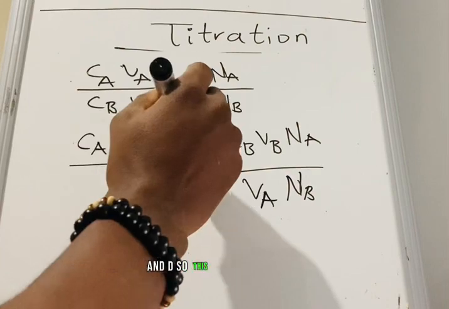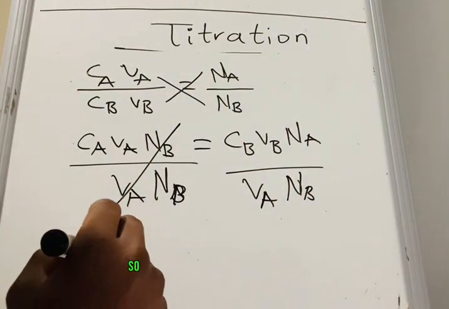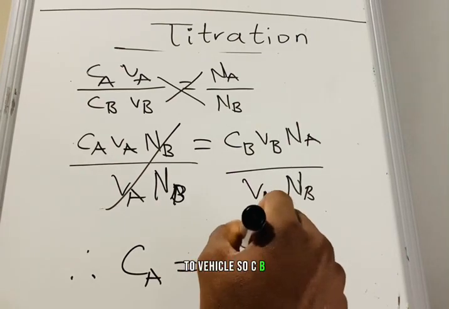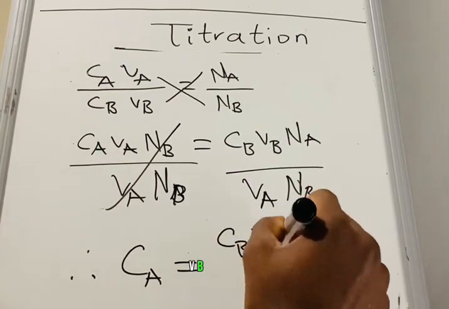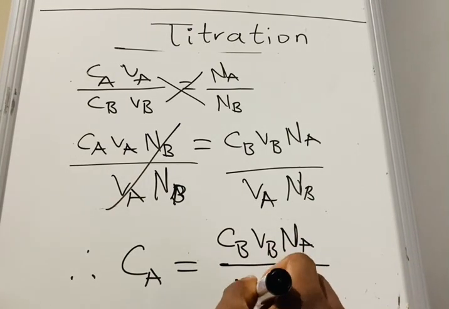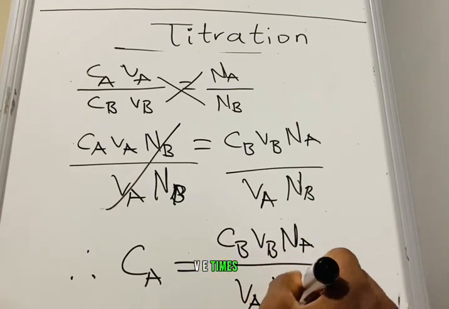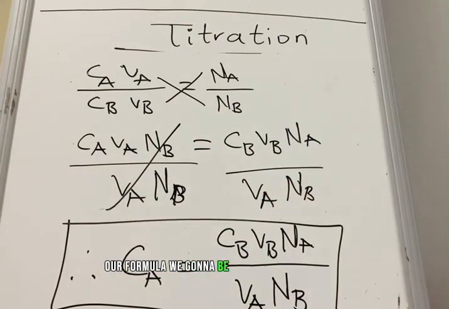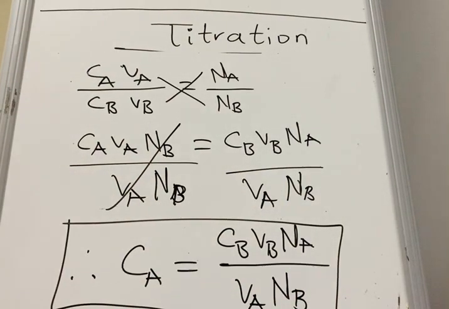So this is going to cancel this. Therefore, we're going to be left with CA equal to CB VB NA over VA times NB. This becomes our formula we're going to be using to solve this problem.